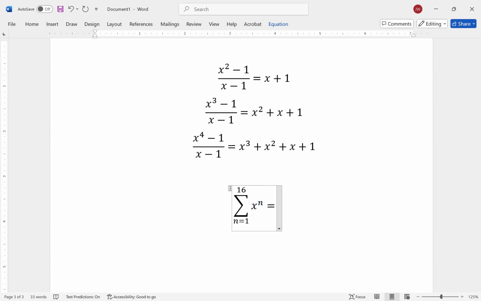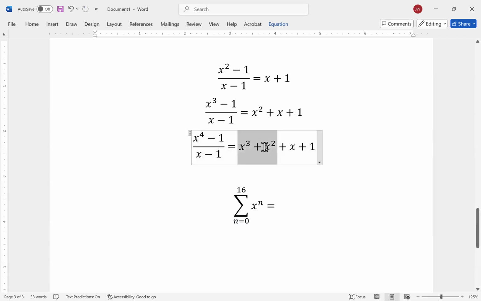Then that would be this right-hand side, x to the 16th plus x to the 15th plus x to the 14th, all the way down till I get x to the first and then x to the 0th. Actually, let me start my count at 0. So I get the plus 1. So to get the plus 1, we have to start our count at 0.